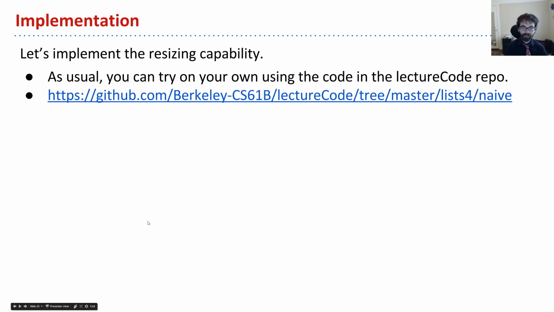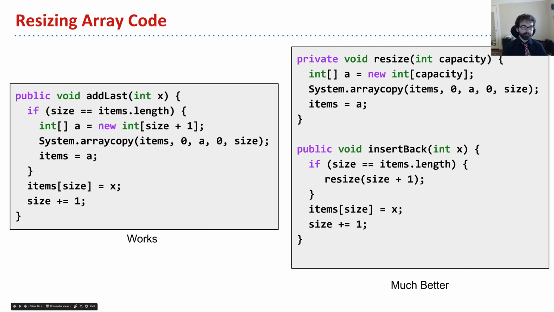Hooray. So let's debrief this code a little bit. So in our add last method, we said if size is equal to items.length, do all this stuff. Though we showed that an alternate approach is to say if the size is equal to items.length, then use a special resize function. Now, why would this be better? This is something that you could actually test separately. You could write tests, you could use the visualizer to actually look and see what it's doing.